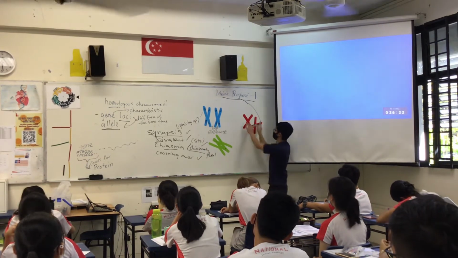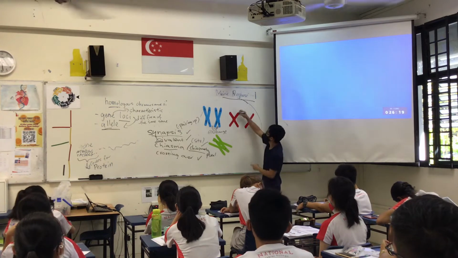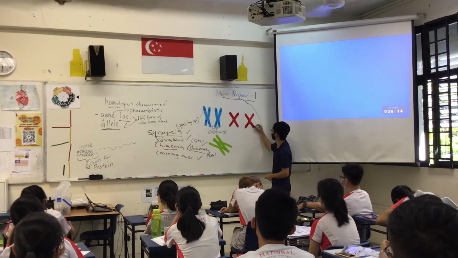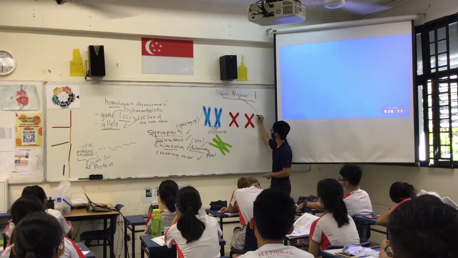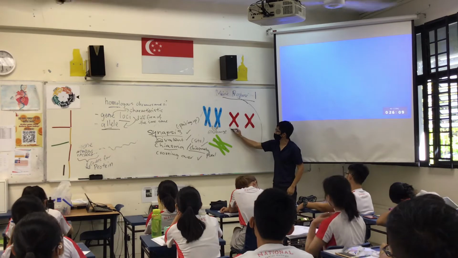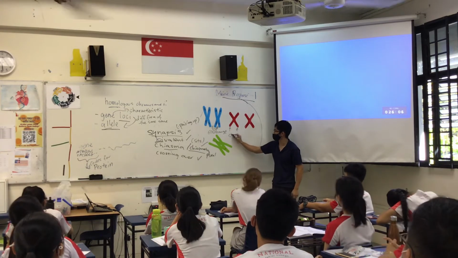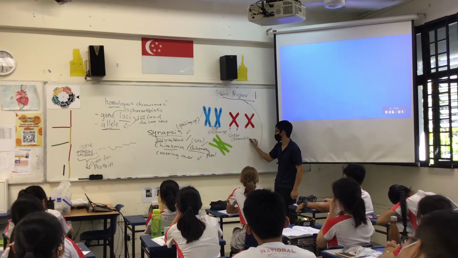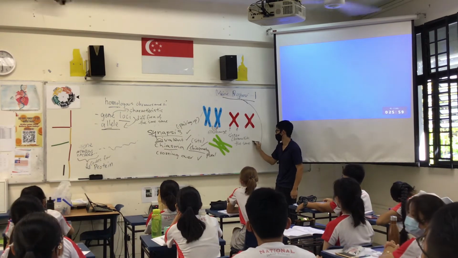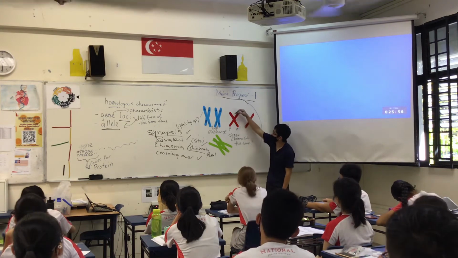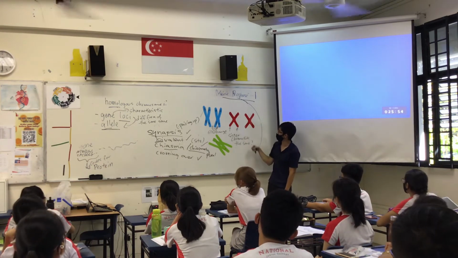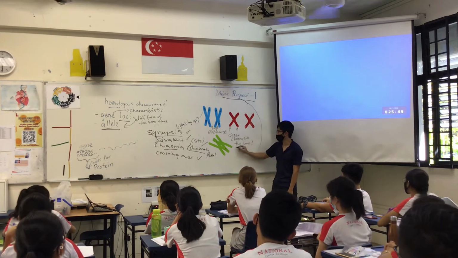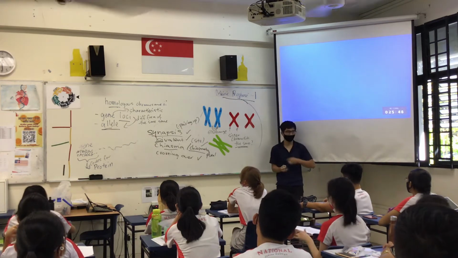I have a question for you. Why are the alleles big C, small d, big C, small d, small c, big D, small c, big D, the same in sister chromatids?